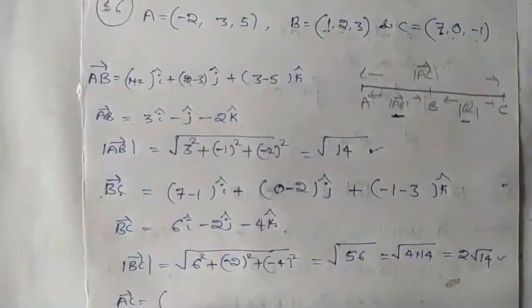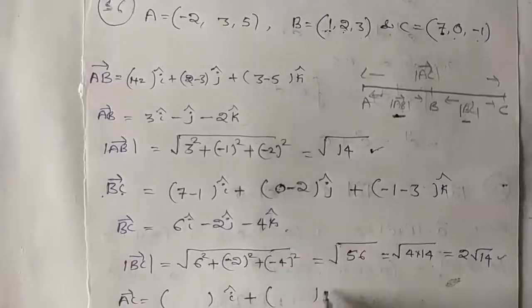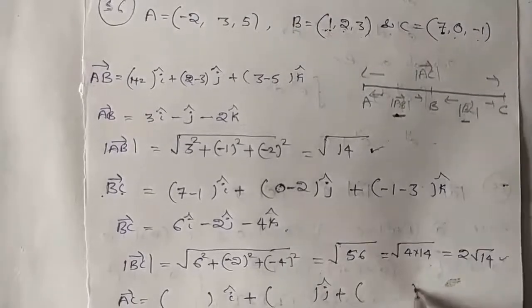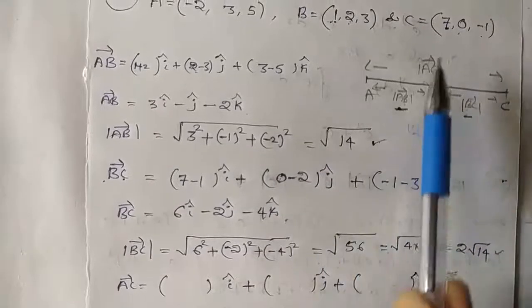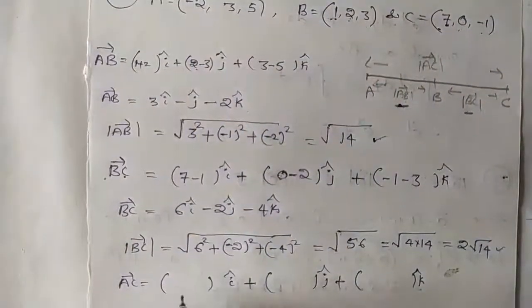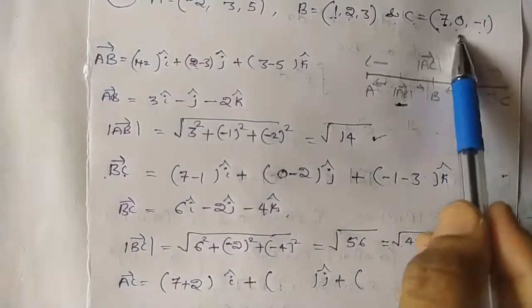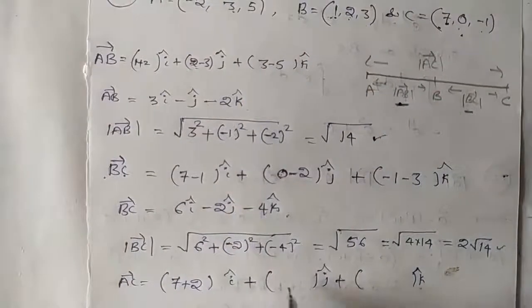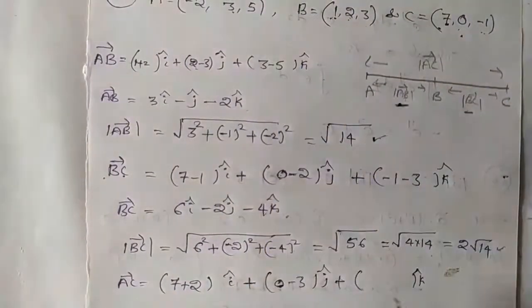AC vector is equal to i, next j, next k. See the points. AC vector is C minus A: 7 minus of minus 2 is plus 2, next 0 minus 3, minus 1 minus 5.